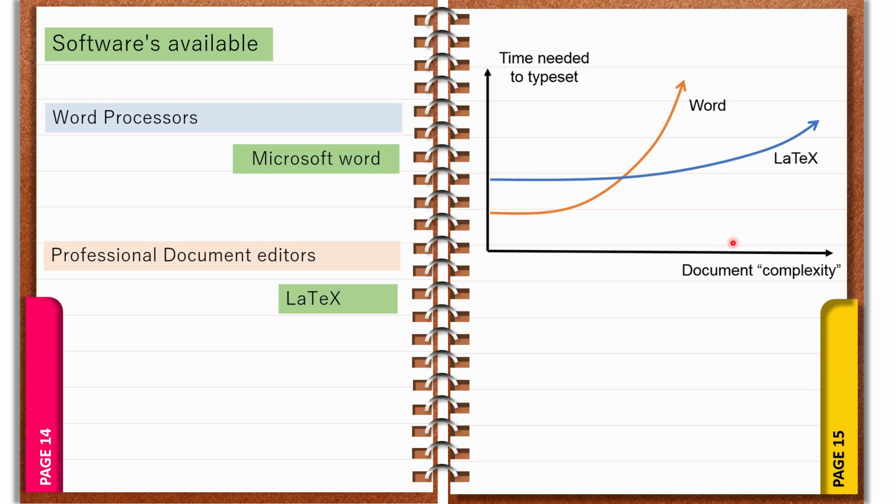This graph shows that the complexity in producing the document is more in Word, whereas LaTeX shows some easy way. One of the problems with LaTeX is that it takes more time to learn, whereas Word is very easy to produce documents.